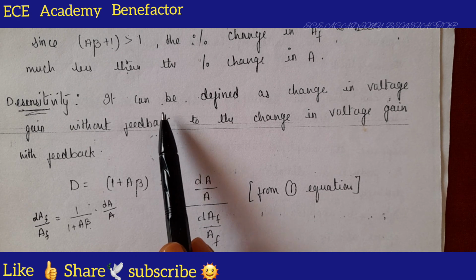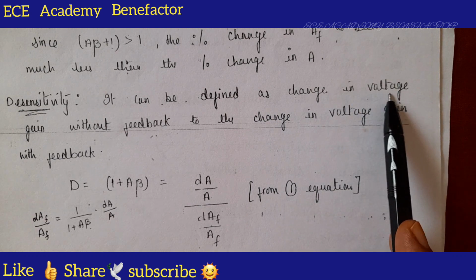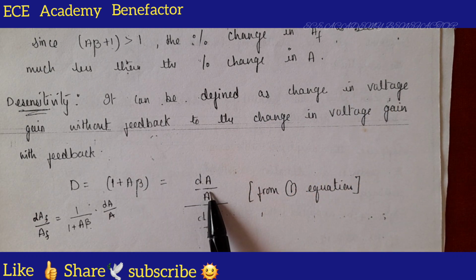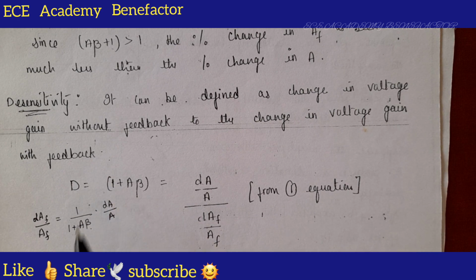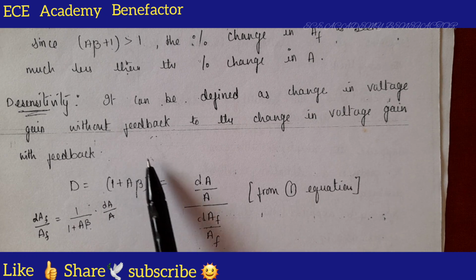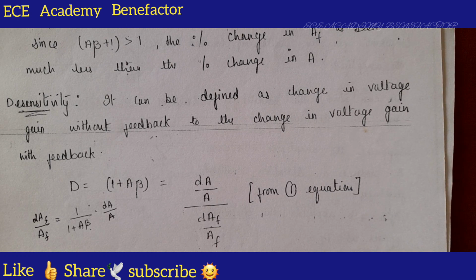So that's written in words here. It can be defined as the change in voltage gain without feedback to the change in voltage gain with feedback. So this is the desensitivity equation. These two equations you need to remember. Desensitivity is equal to 1 plus A beta.